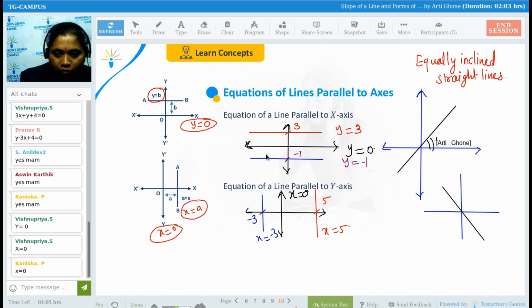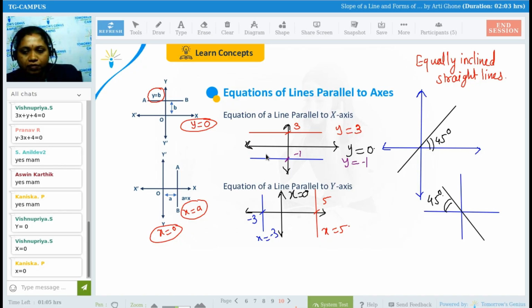Equally inclined means making a 45-degree angle. Obviously, this is also making a 45-degree angle. Think on. All things are required over here.